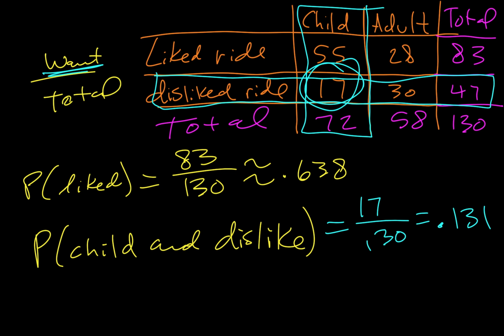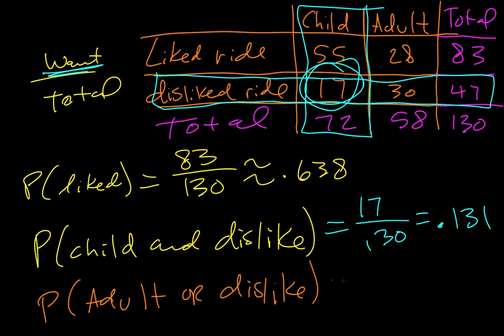Okay, and the last one says, is an adult or dislikes the ride? So adult or dislike. Okay, so or works a little bit different. So we actually want total adults.